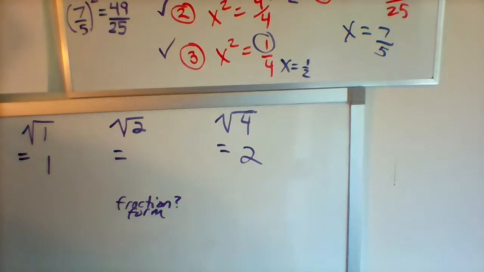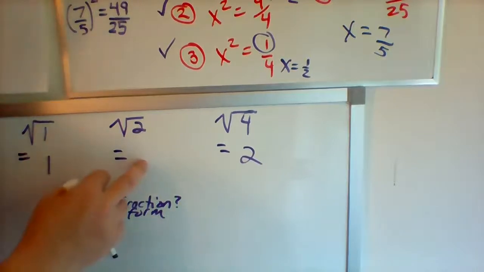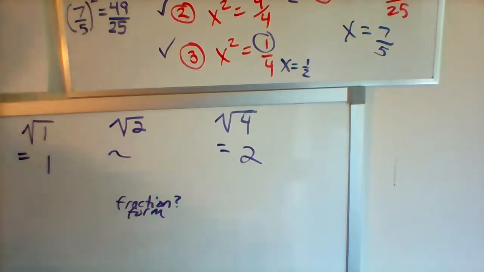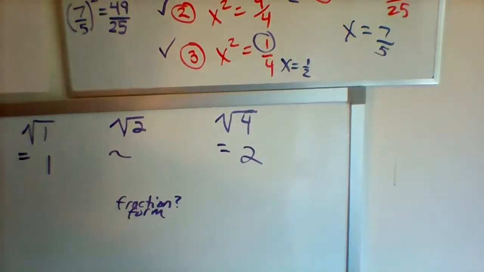Okay, so now this one, I need some approximations. What do you think? What would you estimate this one to be? So I'll change my symbol. It's not equal to, it's going to be approximately. What do we want to approximate that to?